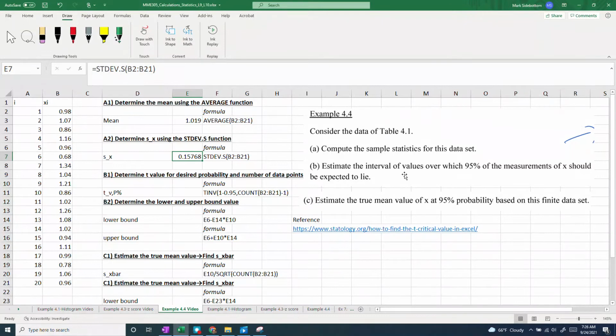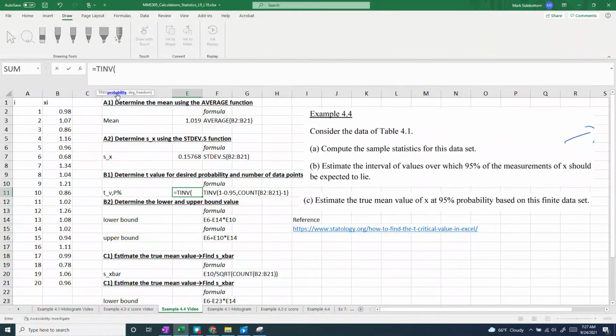The next thing it asks us to do is estimate the interval values over which 95% of the measurements should be expected to lie. In order to do this, we need to know the t-value for our data set. We can find it in Excel using the t-inverse function, which asks us for the probability.